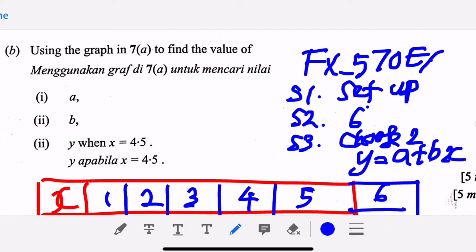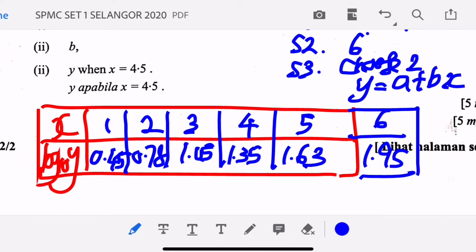So you can try to plug into the calculator to check the y-intercept, whether it is positive or negative, so that you will know how to do the estimation in case it is negative, right?